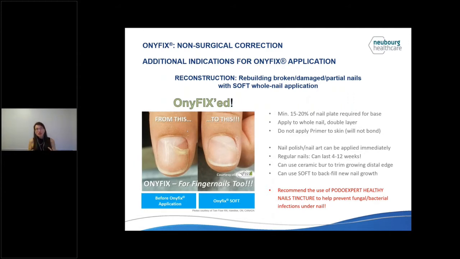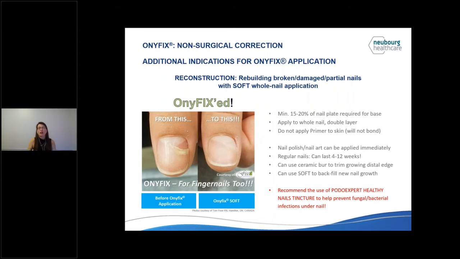Lastly, just a reminder then, for those of you who are doing nail reconstruction, we highly recommend that you send the client home with a PhotoExpert nail tincture spray to help keep the nail and the underneath of the bed sanitized and clean and fresh. Instruct them to wash it regularly, not too roughly because they might lift it off, but gently.